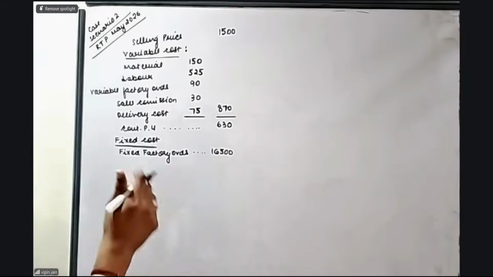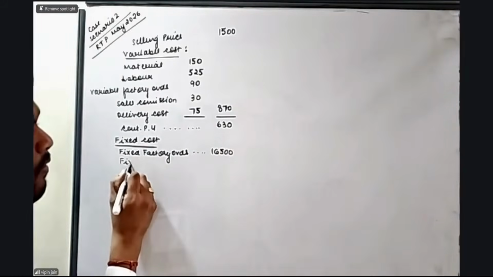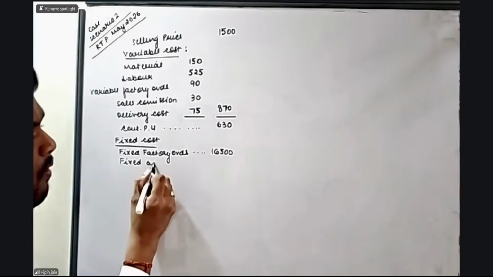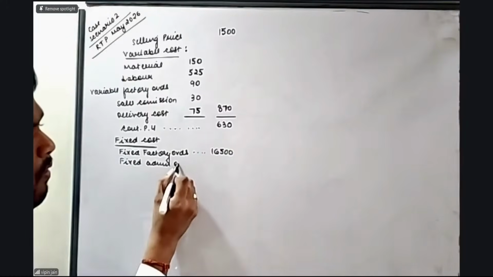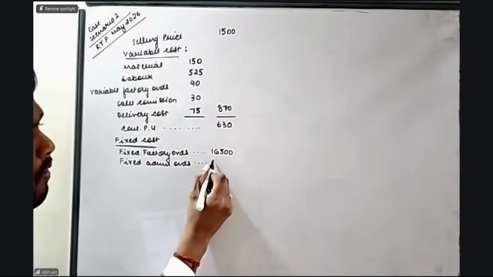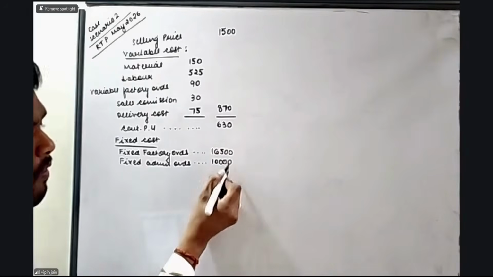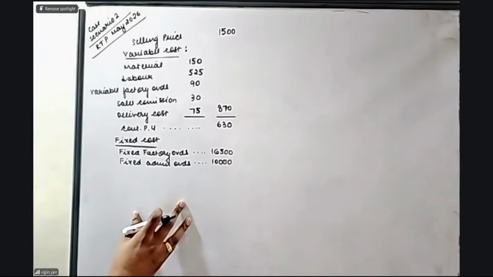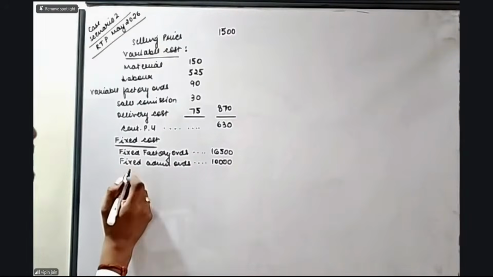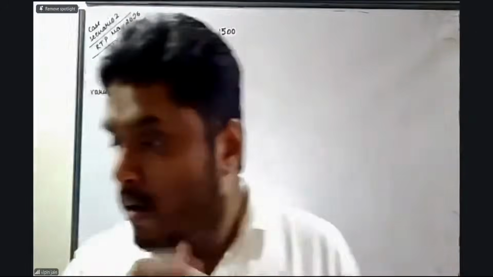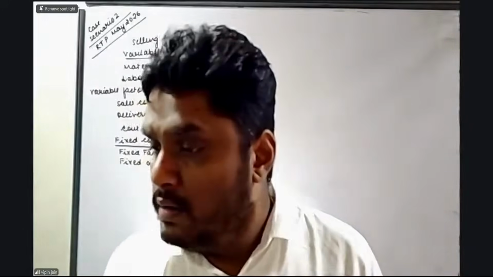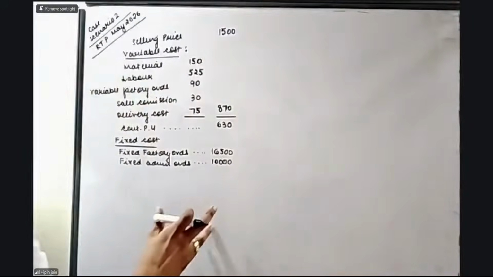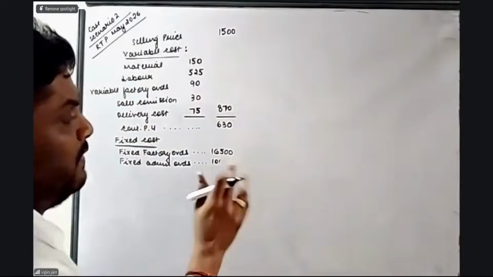Fixed admin overheads are 10,000. And other fixed overheads, fixed selling and distribution overheads are 3,000.